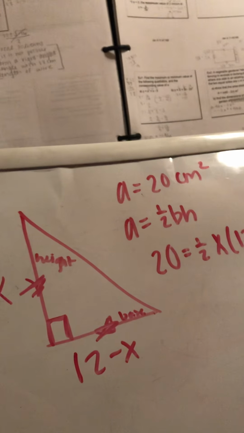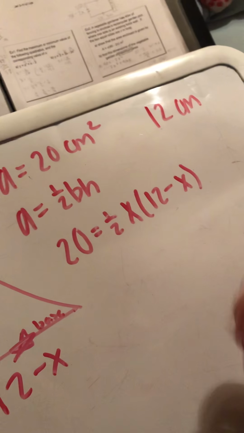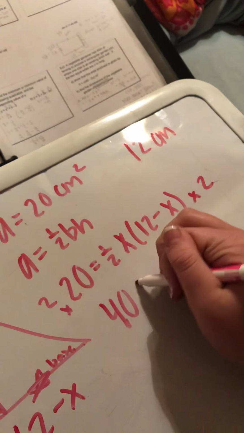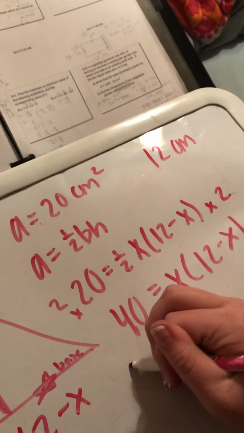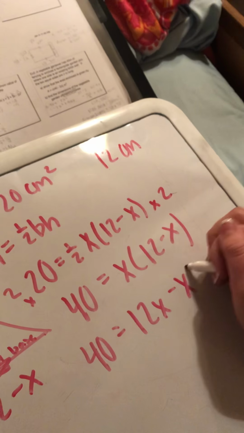I don't want to deal with this fraction, so you can multiply by 2 on both sides and get 40 equals x times 12 minus x. So you have 40 equals 12x minus x squared.